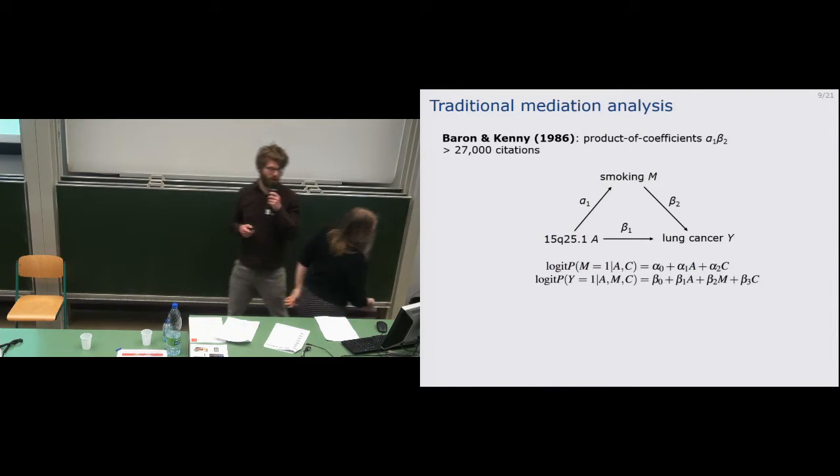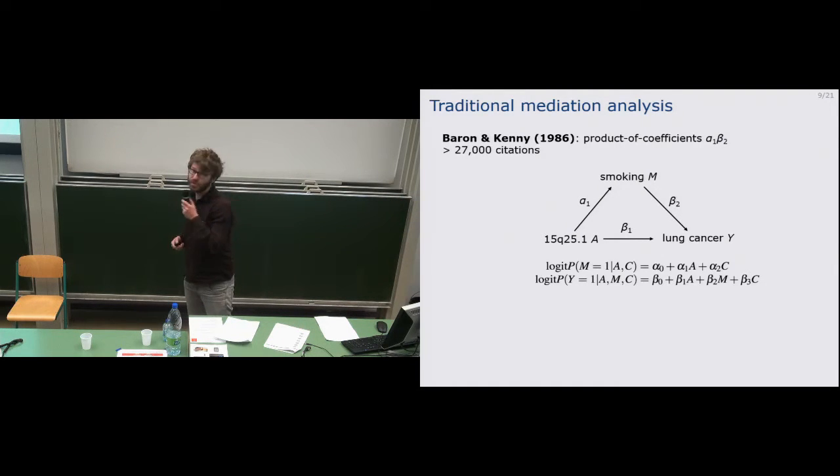Okay, so let us now return to our mediation example. Routine methods in mediation analysis are typically based on fitting a set of regression models, such as the ones displayed here, and then combining parameters from these models.